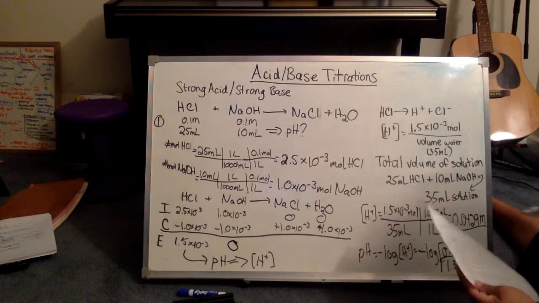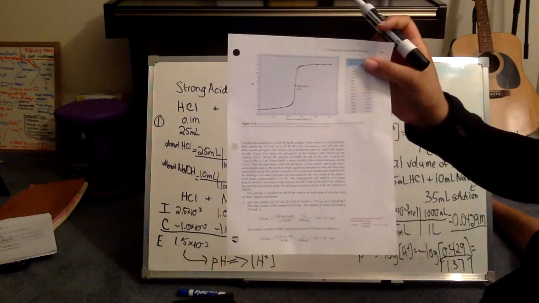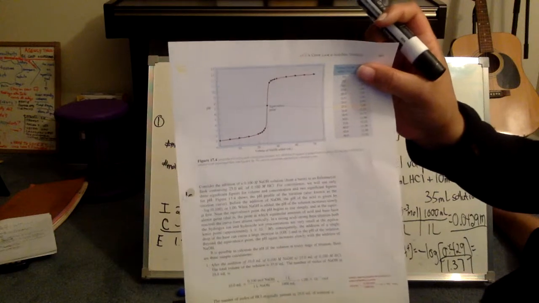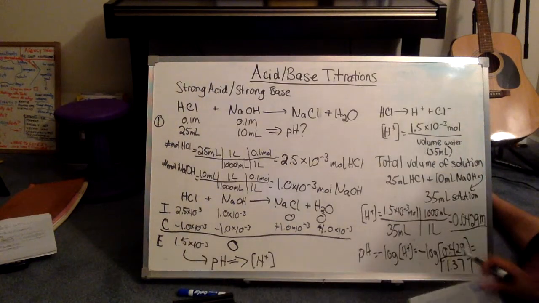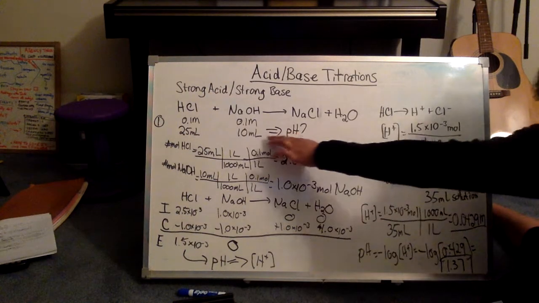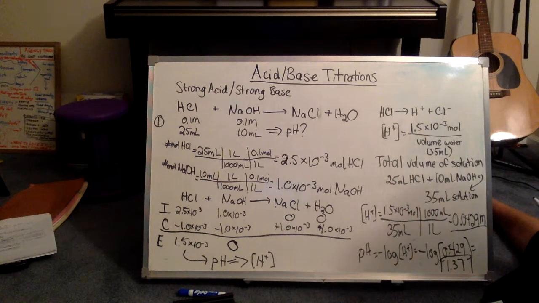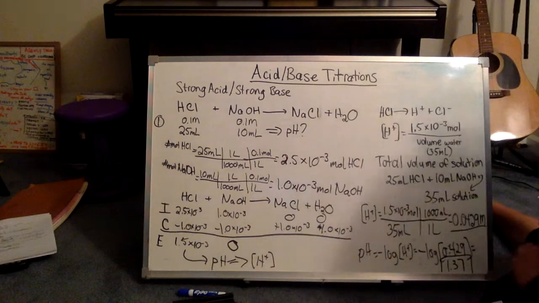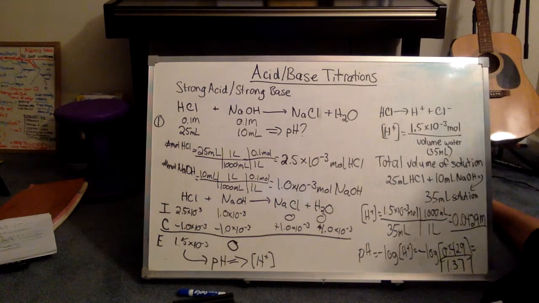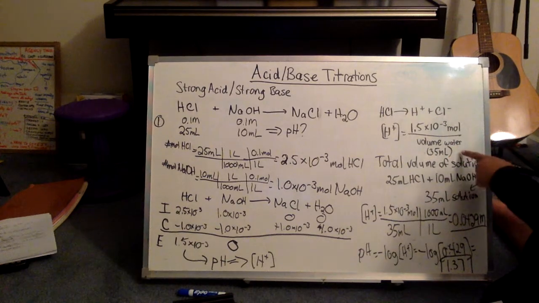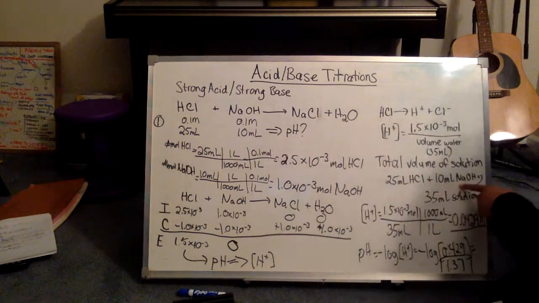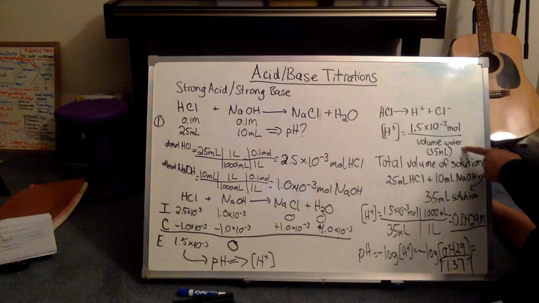So we're still really high. We haven't reached the equivalence point. Like when we were talking about the equivalence point here, we're still down here in that area. We haven't gotten up higher. This shows how all of the sodium hydroxide gets consumed. What's left over is some number of moles of HCl. Then we took the total volume of the solution, the 25 of the HCl plus the 10 milliliters of the NaOH, to get 35 milliliters.